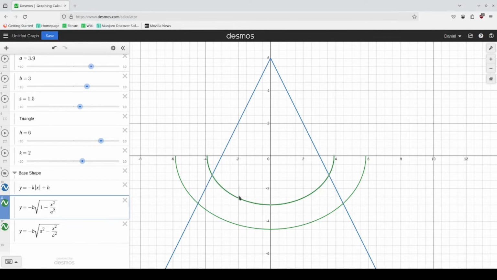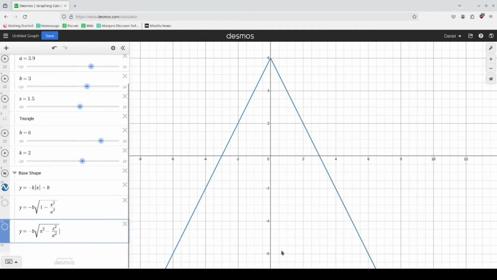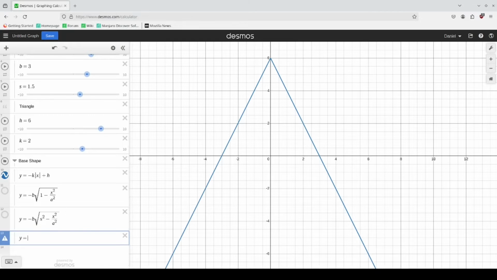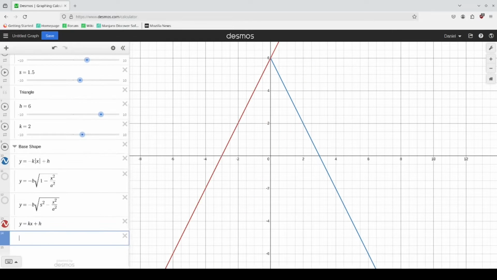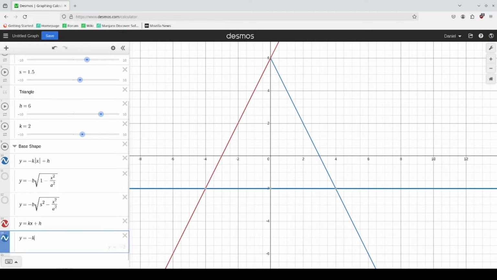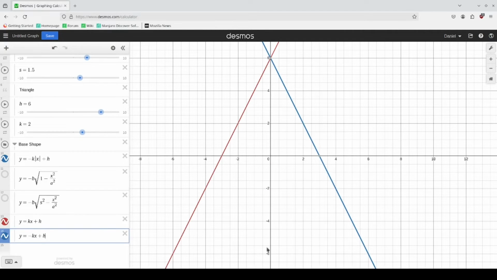Let's start by trying to find the exact point of this one, and to start calculating the intersection, we need to decompose this line into two equations. And so what this really is here is y equals kx plus h, and we also have minus kx plus h.